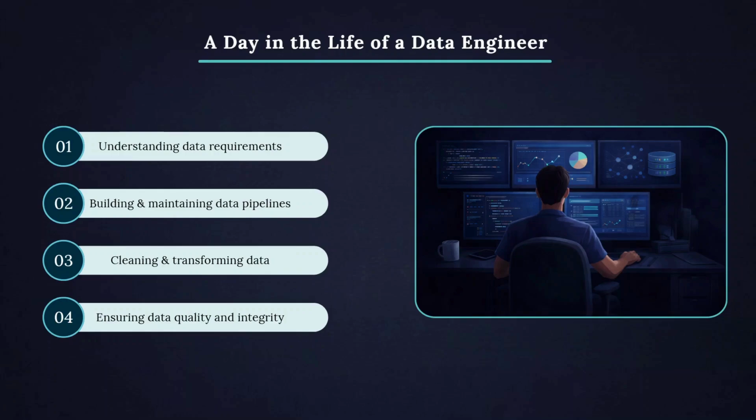As you go deeper, this role can involve more advanced work like orchestrating pipelines, optimizing performance, and working with complex systems at scale. But these fundamentals are the core of the data engineering role.